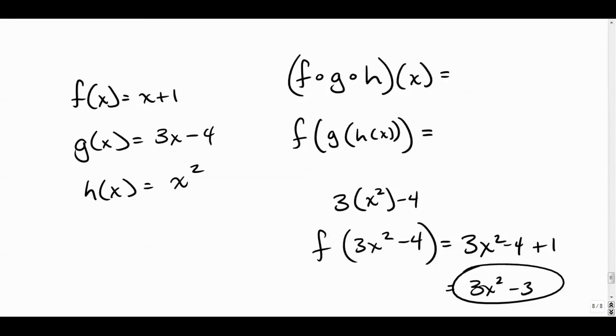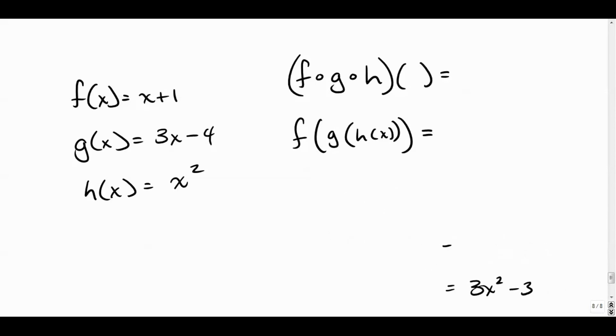So it's kind of an interesting thing. You can also, instead of evaluating generally, evaluate for a specific value, like, I don't know, 7 or something. So you would just work from the inside out.